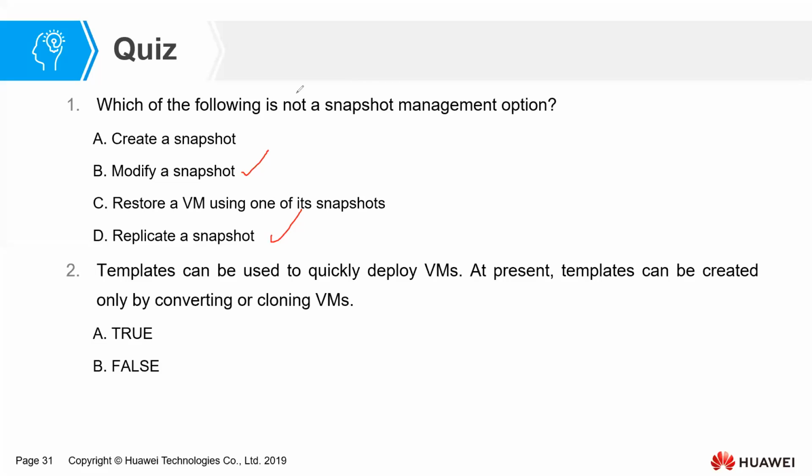Modify a snapshot. We already looked at this and stressed the point: snapshots cannot be modified. If you want to modify a snapshot, you first convert it back to a virtual machine and make your modifications. That was a template.